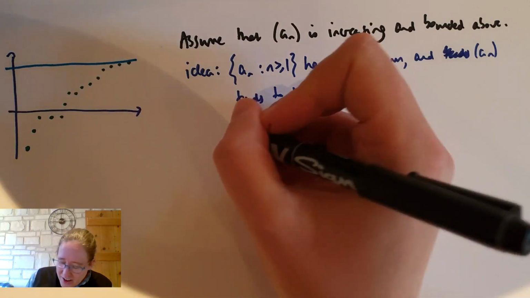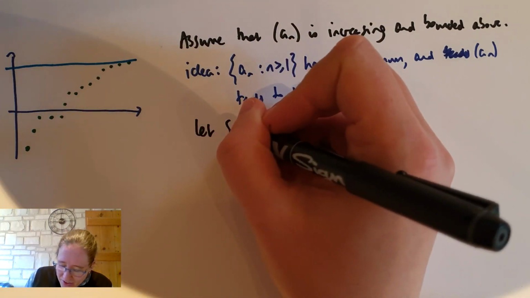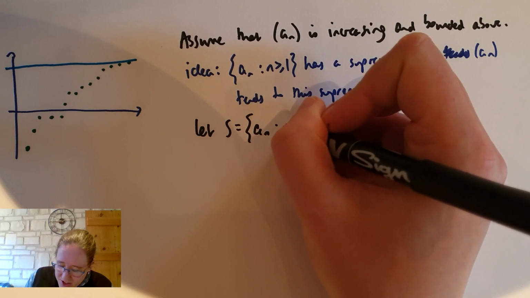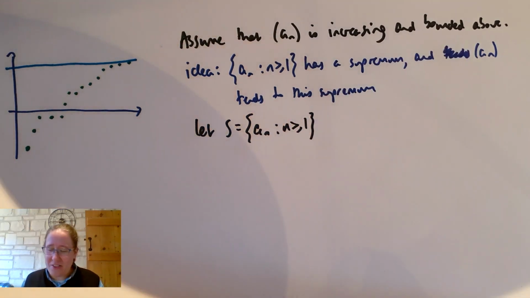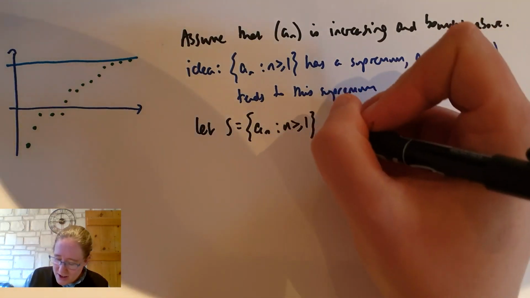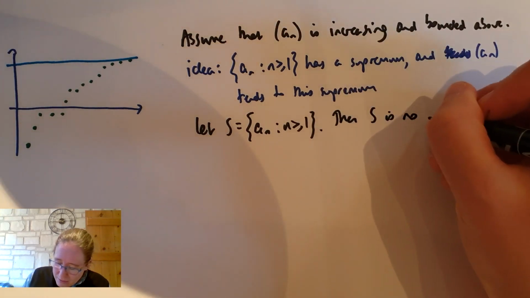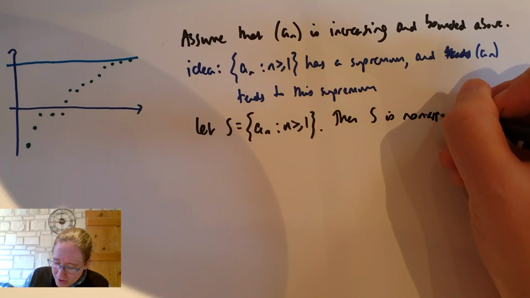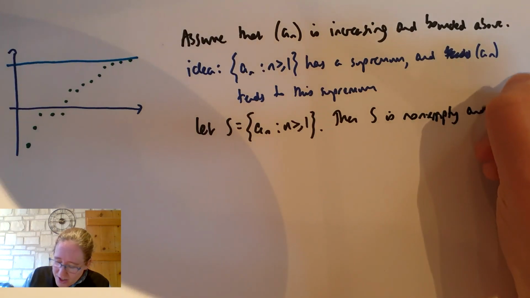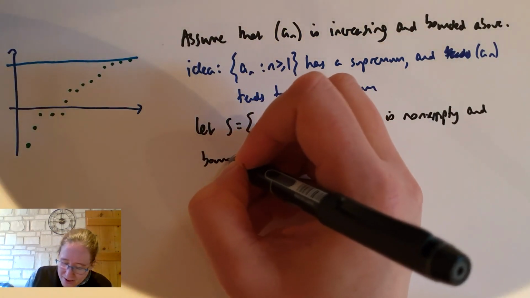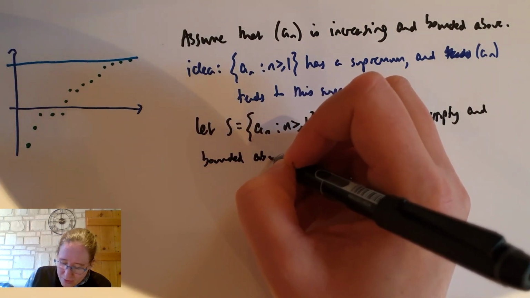Let's do this carefully. So let S be the set of all a_n such that n is greater than or equal to 1. It's good to give the set a name because then we can talk about it. Well, what do we know? We know that S is non-empty because it contains a term of the sequence. And we know that it's bounded above because that's what it meant for our sequence to be bounded above.